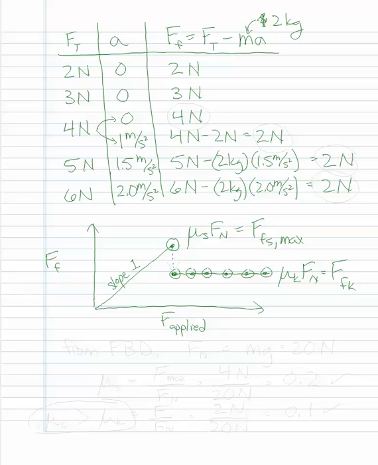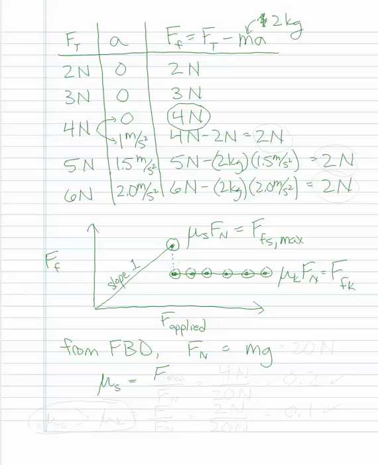So you should notice in this particular problem that we can find from the previous page that the normal force is equal to mg. So the coefficient of static friction is equal to the maximum that the friction can provide, static friction, which was 4 newtons.